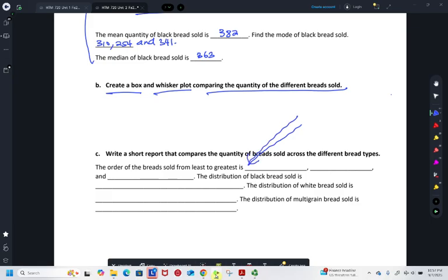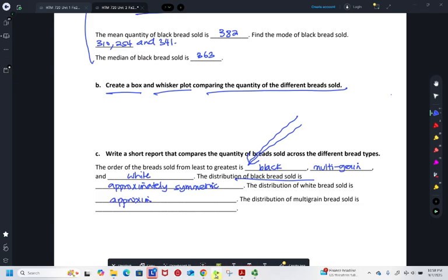We can see that the order of bread sold from least to greatest is: black was the least sold, followed by multi-grain bread according to this data set, then white bread. The distribution of black bread is approximately symmetric, and so is that of white bread.